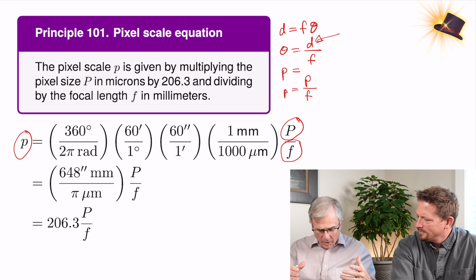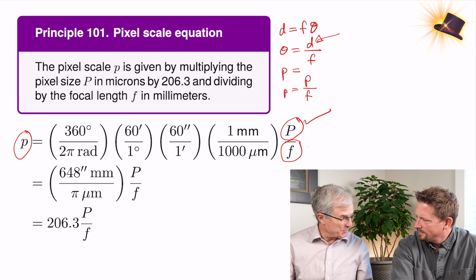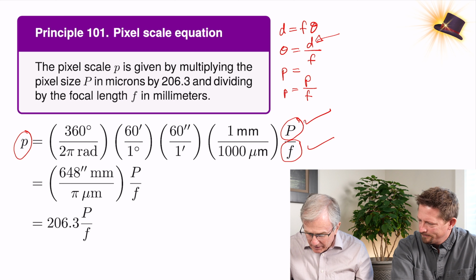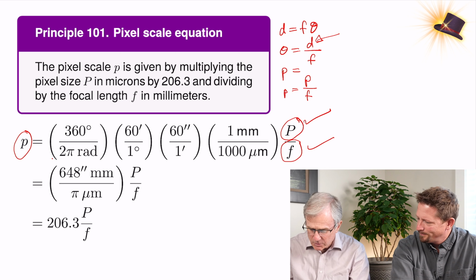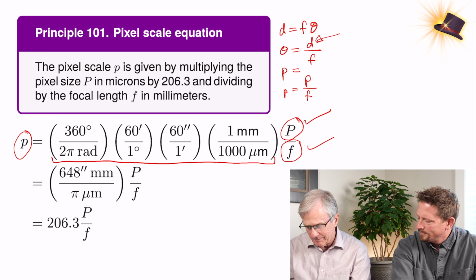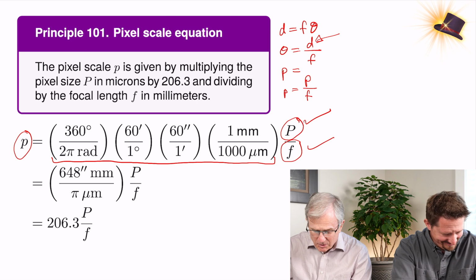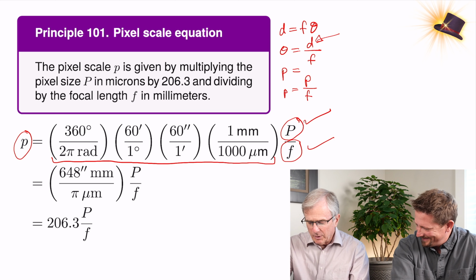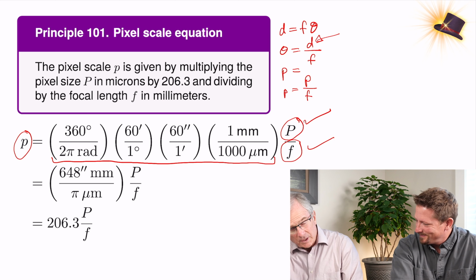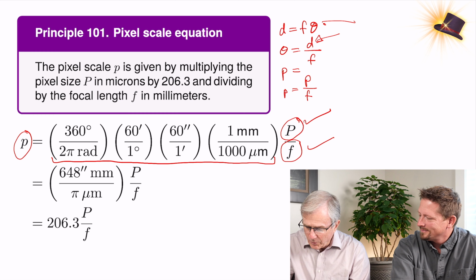And we were saying before that the pixel scale is going to depend on the pixel size and on the focal length. Right. And that's where this dependence comes from. And you might be saying, well, where does all this come from? And the answer is, I want to convert the pixel size to millimeters, and then I want to convert the angle that's measured in radians.